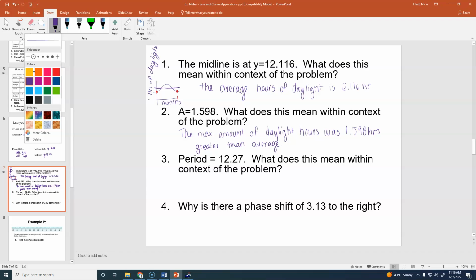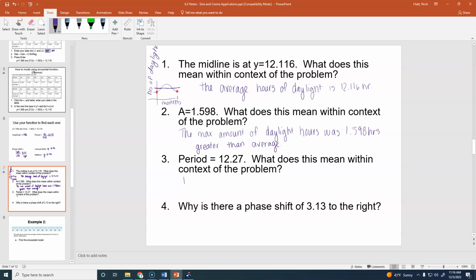Okay, so what would use 12.27 in that sentence, Maggie? So how about something like this?